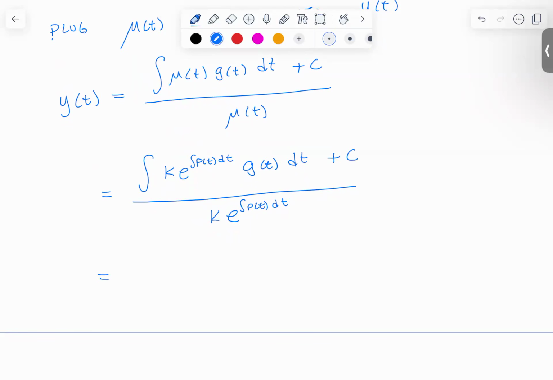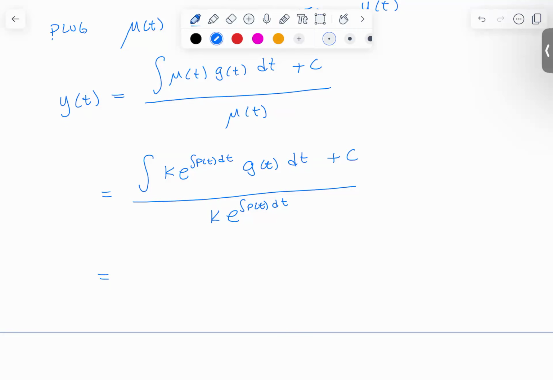We have an integral inside an integral here, right? This thing is okay. But this constant k, if I'm inside an integral, what can I do with that? Pull it out the front.